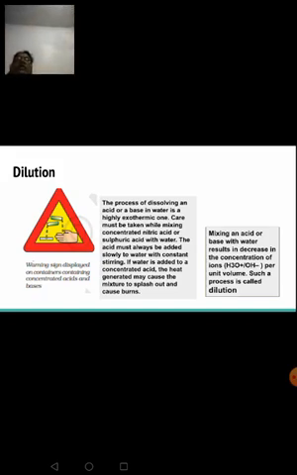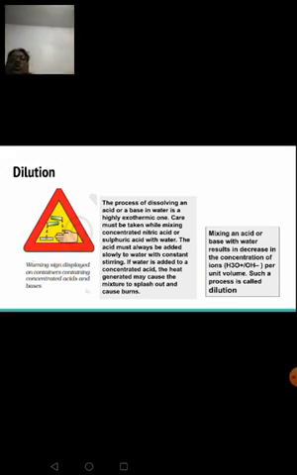If you do it the other way around, if you add water to acids, it may splash out and may cause severe injuries and burns. Mixing an acid or base with water decreases the concentration of hydronium ions and hydroxide ions per unit volume. Such a process is called dilution.